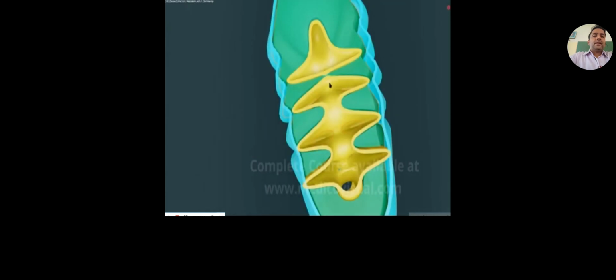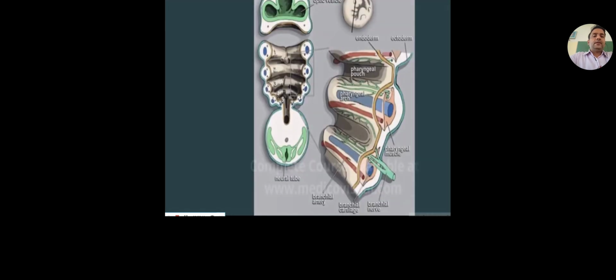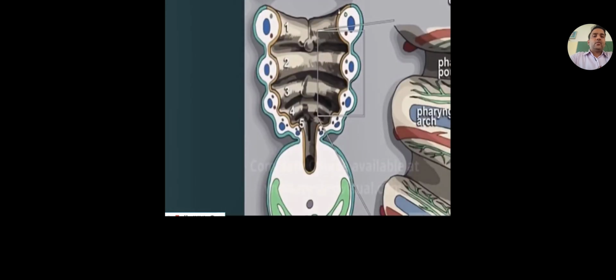You can notice like this. So in the textbook you will have a section like this. You have a coronal section like this. If you observe here, this is how you see it in the typical textbook diagram. That is the arch. You can see there are 5 arches like that: 1, 2, 3, 4, 6.